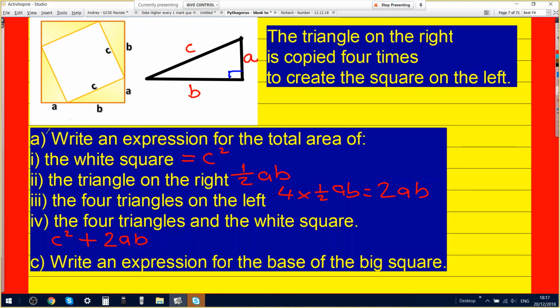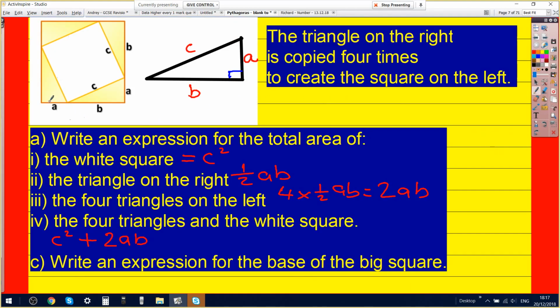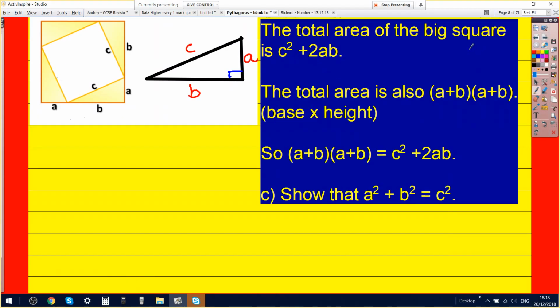You add them to get the total. And so an expression for the base for this one here is just A plus B. Basically, whatever A and B are, you add them.